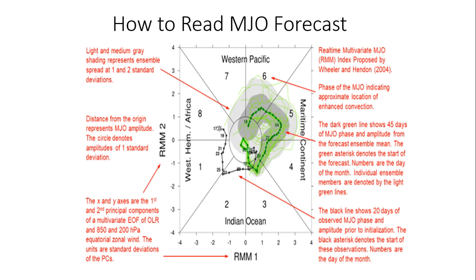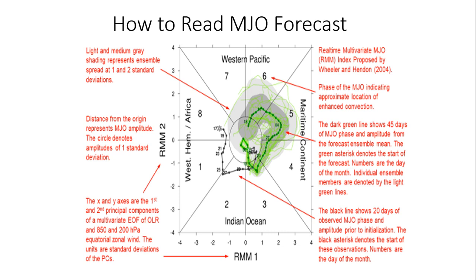Now the dark green line shows 45 days of the MJO phase and the amplitude from the forecast ensemble mean. The green asterisk denotes the start of the forecast, and again, numbers are the day of the month, with individual ensemble members denoted by the light green lines on this particular graphic.